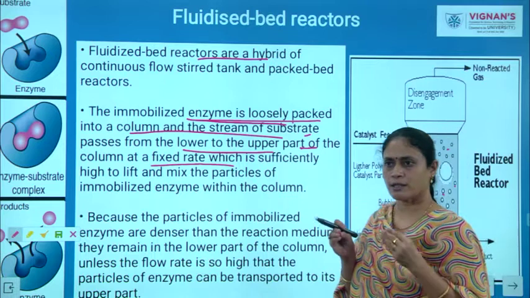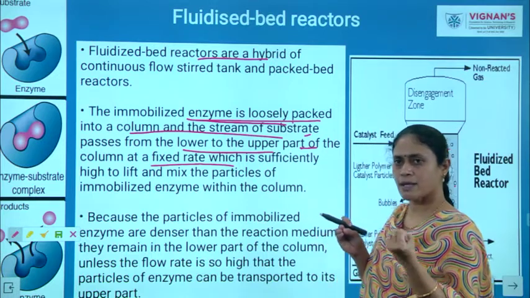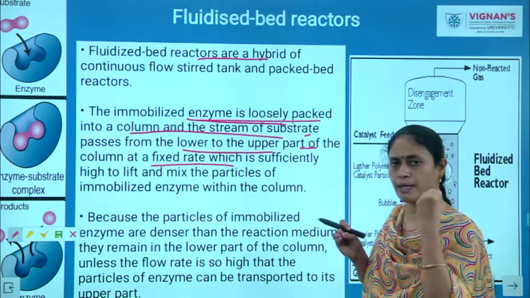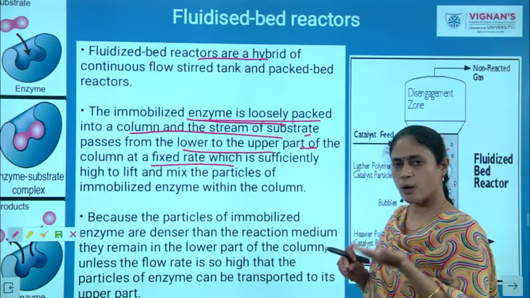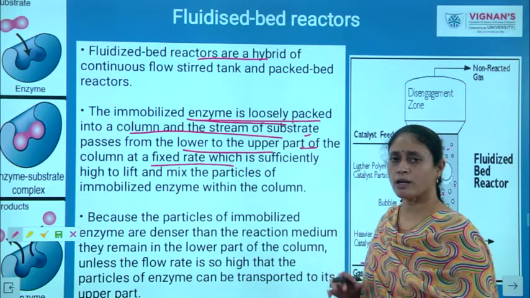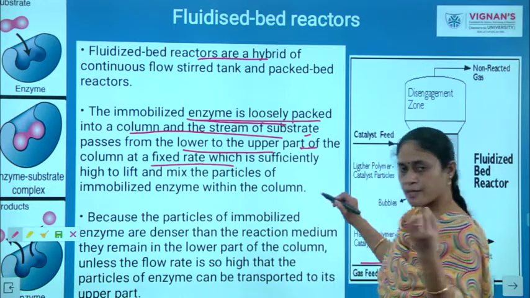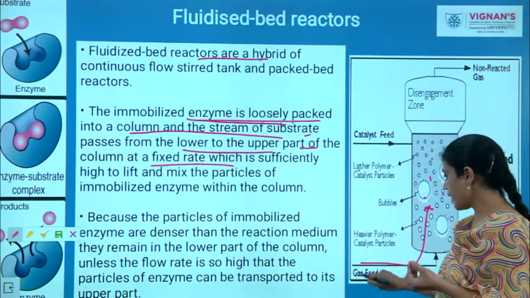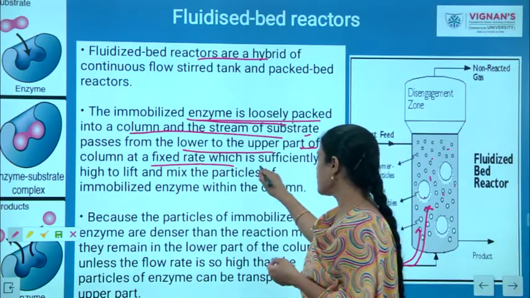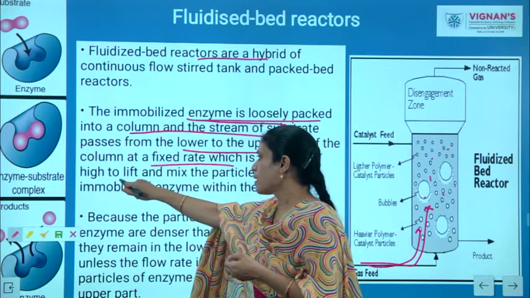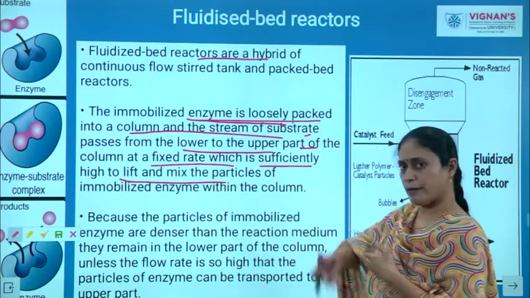For example, if your enzyme is immobilized, it adds to the weight of your enzyme. Because of its weight, it will always be present in the lower part of your column. And as I have told you, your substrate is entering the column with a certain flow rate. Because of this, your enzyme is getting lifted.